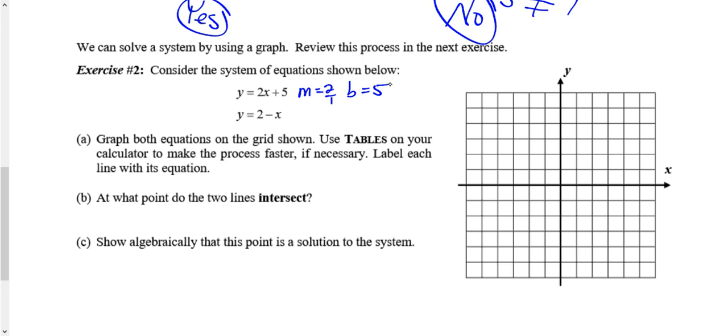So 1, 2, 3, 4, 5. Which way do we go? Well, it's hard to go up 2, right 1, so couldn't we make it two negatives? Down 2, left 1. Thank you, Tegan. Instead of going up 2, right 1, we can equivalently go down 2, left 1, right? Isn't that the same?